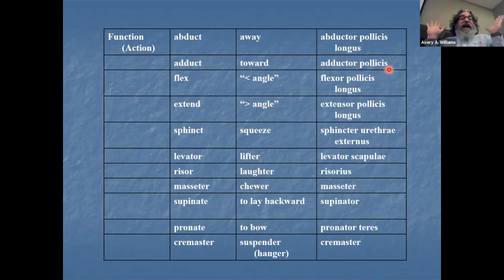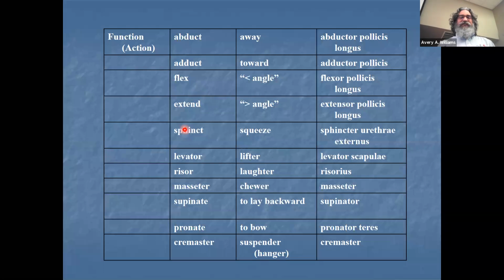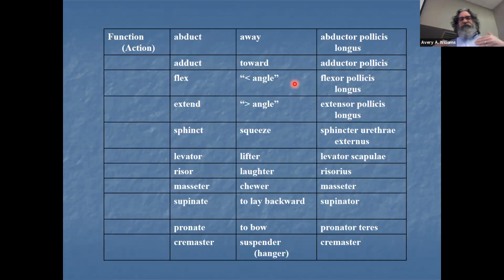Same sort of thing. So those are actions. Okay. Action, location, and size. Then flex and extend. And I put in parentheses less than angle, greater than angle, to define what flex and extend really mean. Remember in math class, I guess it's geometry, when you calculate angles, remember 90 degrees and 45 degrees and then 0.